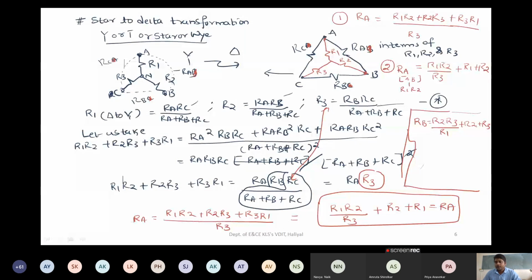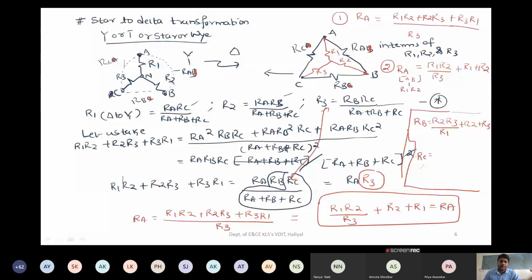Or in another way, if you want RB, in the denominator you can place R1 and go on multiplying R3, R1, or R2, R3, R3, R1, R1, R2. Whichever is convenient for you, remember it that way. But somehow you need to remember.